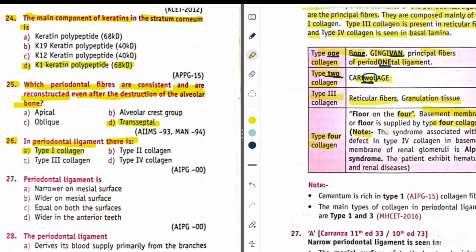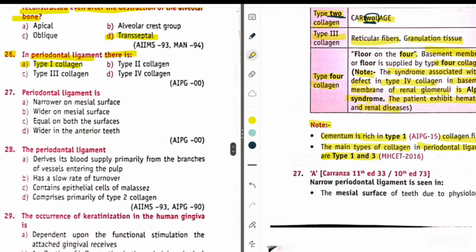Note that the syndrome associated with a defect in type 4 collagen in basement membrane of renal glomeruli is Alport syndrome. The patient exhibits hematuria and renal diseases. Also note that cementum is rich in type 1 collagen fibers, and the main types of collagen in periodontal ligament are type 1 and type 3.